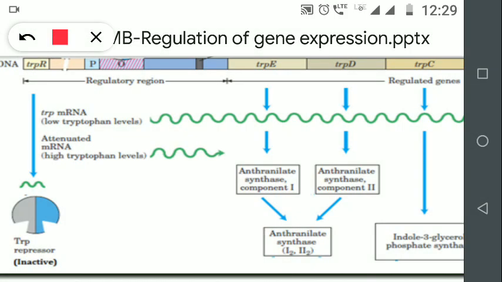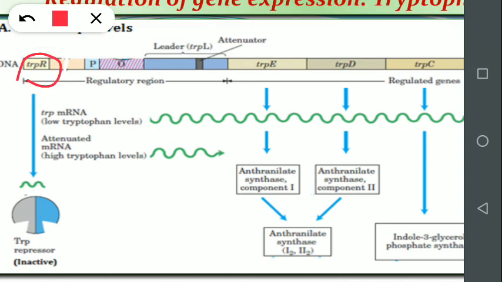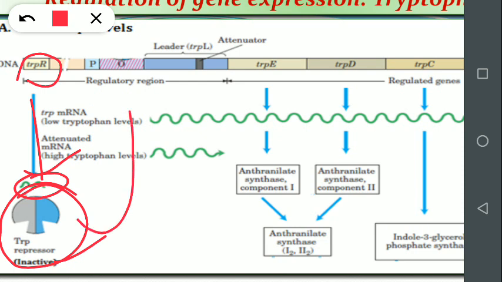The tryptophan regulatory gene is active, so we will get the corresponding mRNA. From the mRNA, a tryptophan repressor is synthesized. That tryptophan repressor is inactive in state. So that is why it cannot bind to the operator site. It is unable to bind to the operator site.